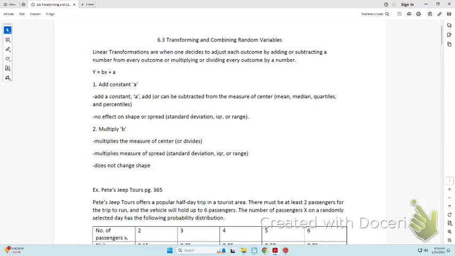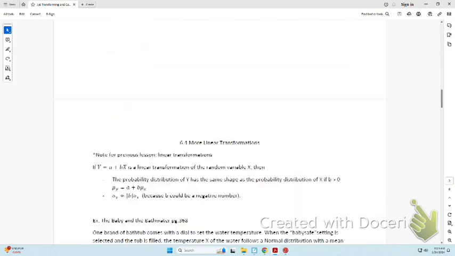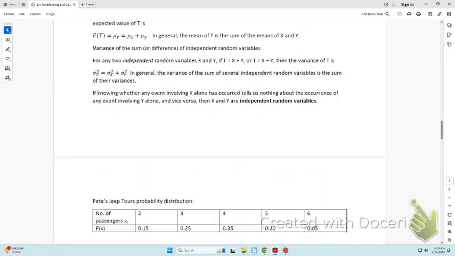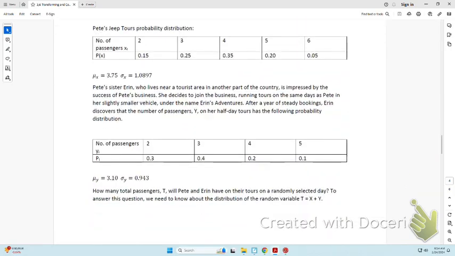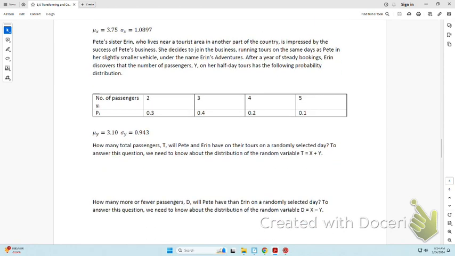In stats, we finished up this handout today. Yesterday, we left off introducing Pete's sister Erin, and we found the mean of the total passengers that they've had. Let's see if I can get all this on one page.